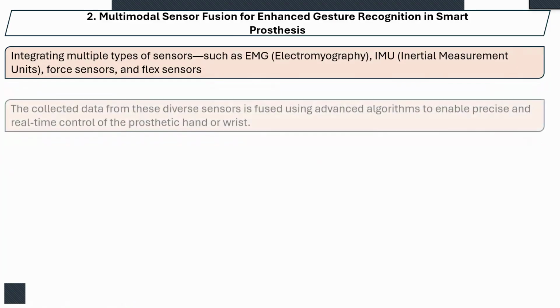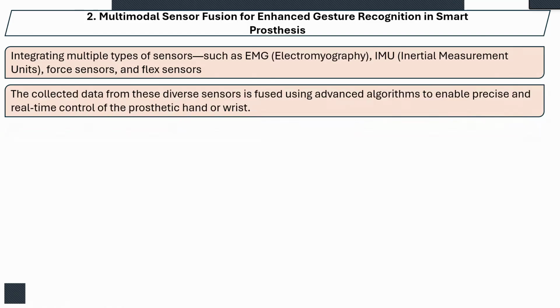The data collected from these diverse sensors is fused using advanced algorithms like Kalman filter, sensor fusion frameworks or AI-based fusion models so that it enables precise and real-time control of the prosthetic hand or wrist.